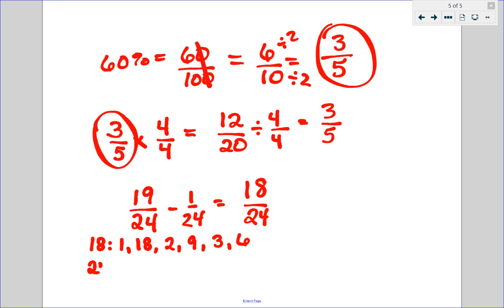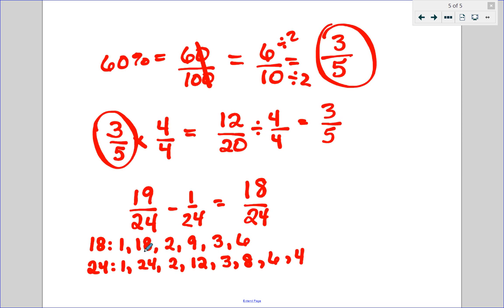For 24 then, I can do 1 and 24. I can do 2 and 12. I can do 3 and 8. I can do 6 and 4. All right, so now I have all the different numbers here that I need. So now I want to figure out which one is the highest that they have in common.